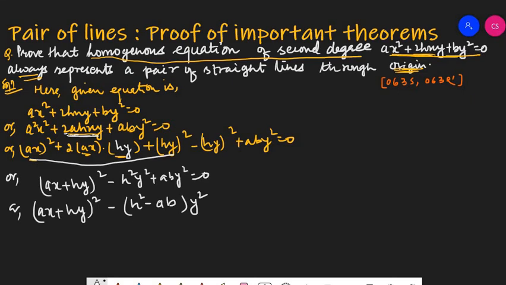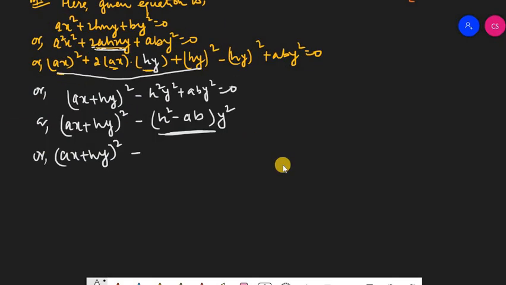Right? Now let us make this whole term a square. But h square minus ab is not a square term. Okay, so how shall we make it square? We will add a square root there. So it becomes root under h square minus ab, y is outside, and then whole square. Now we will use the formula a square minus b square, that is a plus b into a minus b.